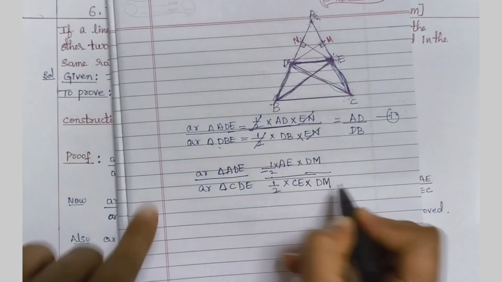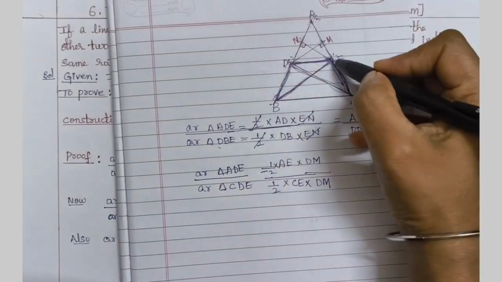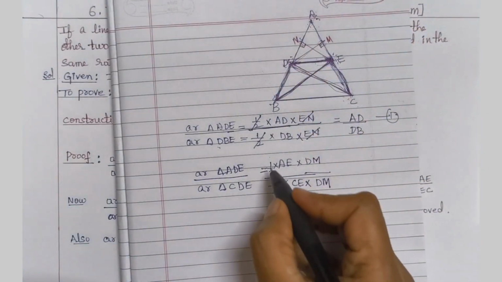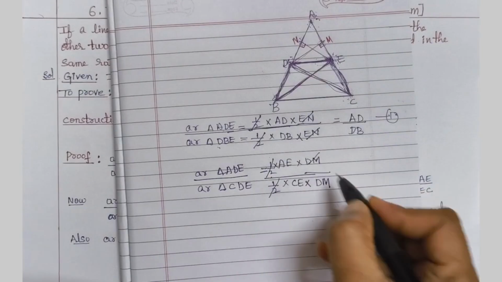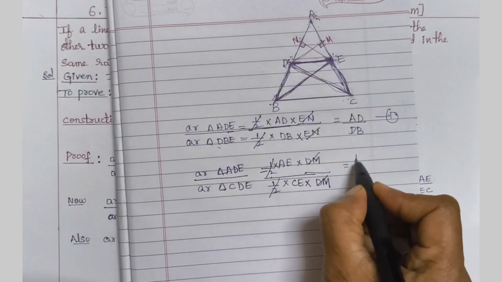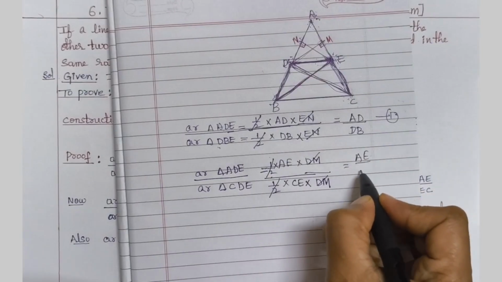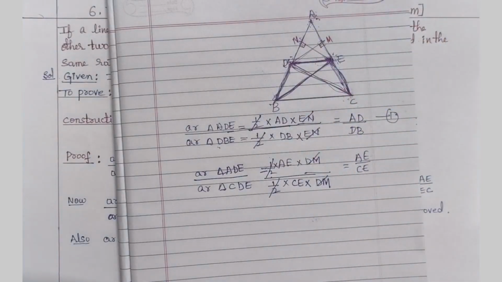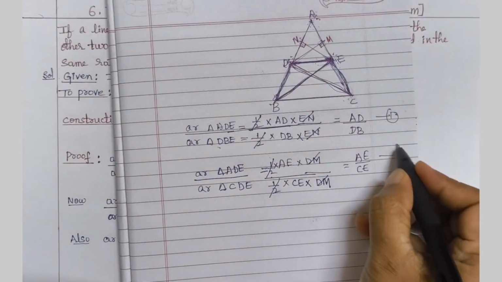DM is the height. See here. This base means this is only height. This point you have to keep in your mind. See here. Half cancel, DM cancel. What will you get? AE by CE you got. AE by EC or CE, anyone you write it. This is the second equation.